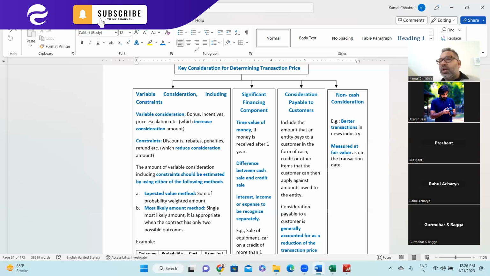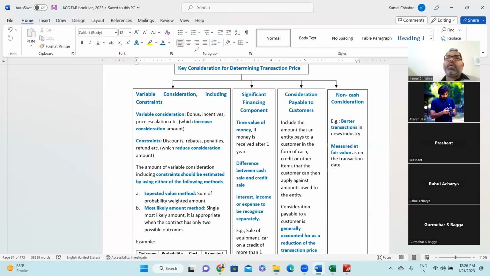That means Ayush is not making any money. Whatever money Ayush is making is just 5% interest on $100,000, so it represents a significant financing component, a financial support which Ayush is providing to Rahul. In that scenario, that interest income or finance income needs to be identified and recorded as finance income, but not as income from sale of the goods.